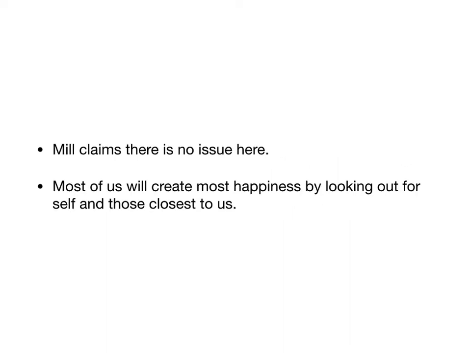So Mill says there is no issue here. Mill says, well, look, most of us will create the most happiness by looking out for ourselves and those closest to us. You will create the most happiness by looking out for yourself and your own children and your own dependents, the people you know and care about.